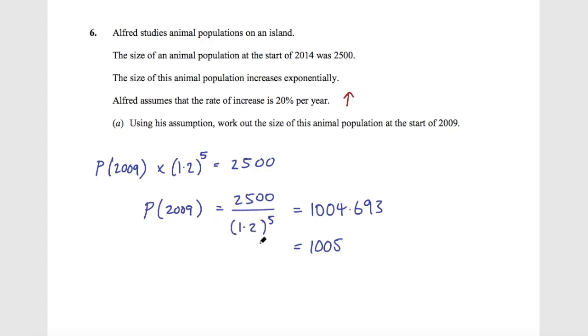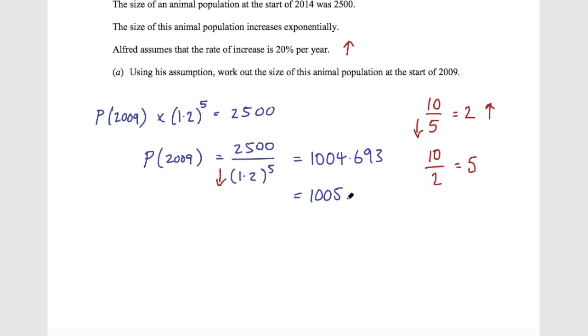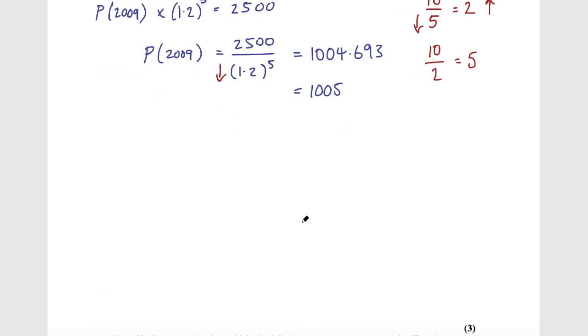So in that case, this denominator here, what we've divided by, that would actually go down, and if you decrease the denominator of a fraction, well, think about this example, so 10 divided by 5 is 2, and then if I decrease that number, 10 divided by 2 is 5. So if this number goes down, this number goes up. So the population in 2009 would be higher than 1005.